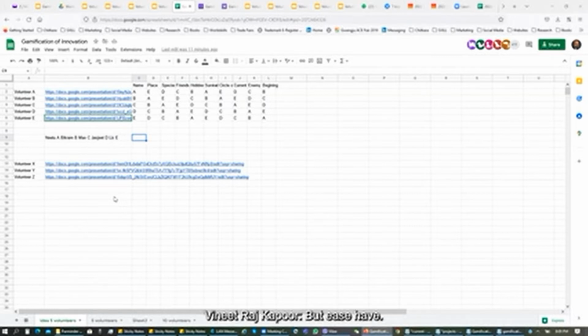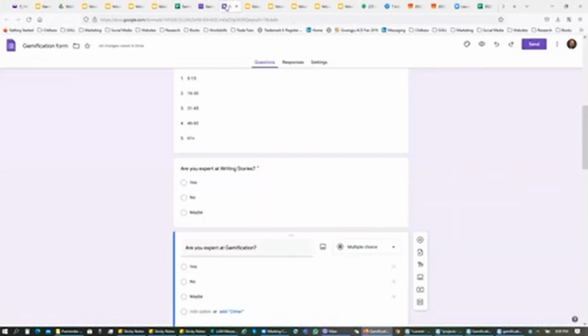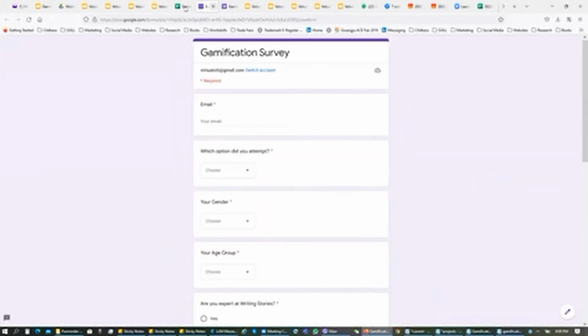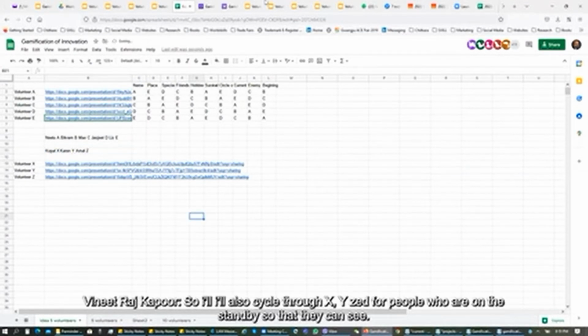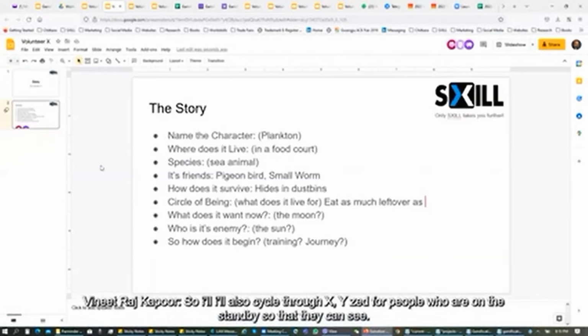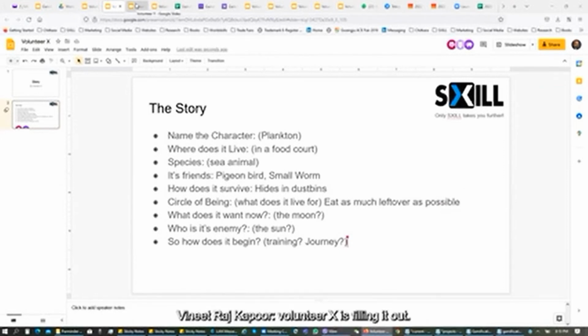For ease, I have written this. I'll also cycle through X, Y, Z for people who are on standby so that they can see. Volunteer X is filling it out.